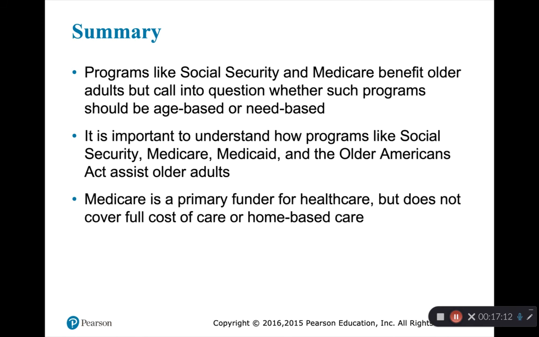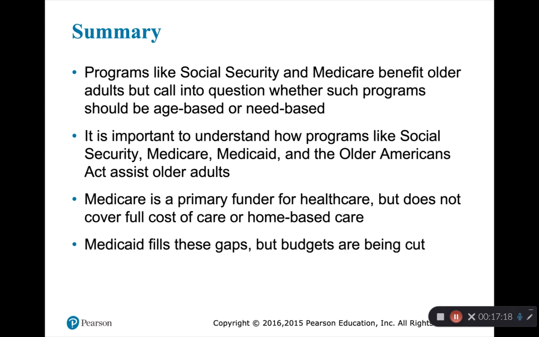Medicare is a primary funder for healthcare, but it does not cover the full cost of care or home-based care. And therefore, Medicaid fills in these gaps, but the budgets for these areas are really being cut, and people have to meet strict eligibility criteria in order to receive Medicaid.